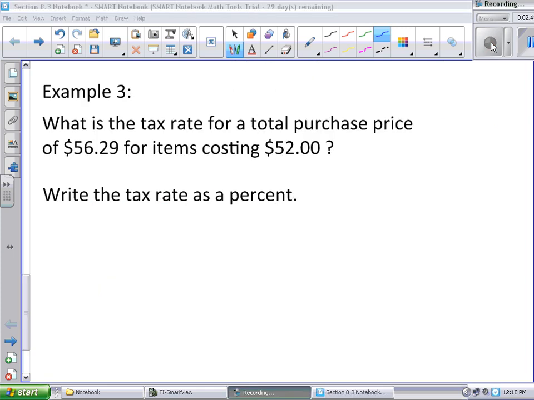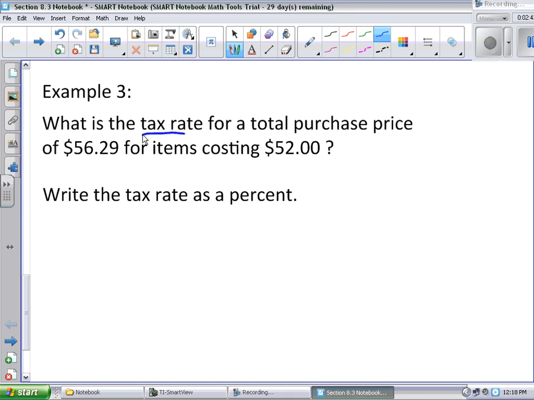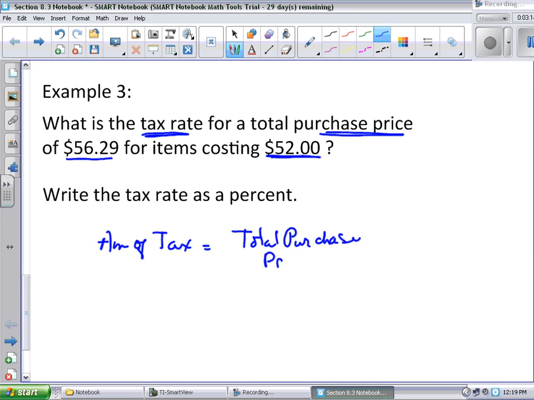All right, let's look at example 3 now. What is the tax rate for a total purchase price of $56.29, and the items cost $52? We want to know what the tax rate is, so we can get the amount of the tax first. The amount of the tax is the amount of the total purchase price minus the cost of the purchase.